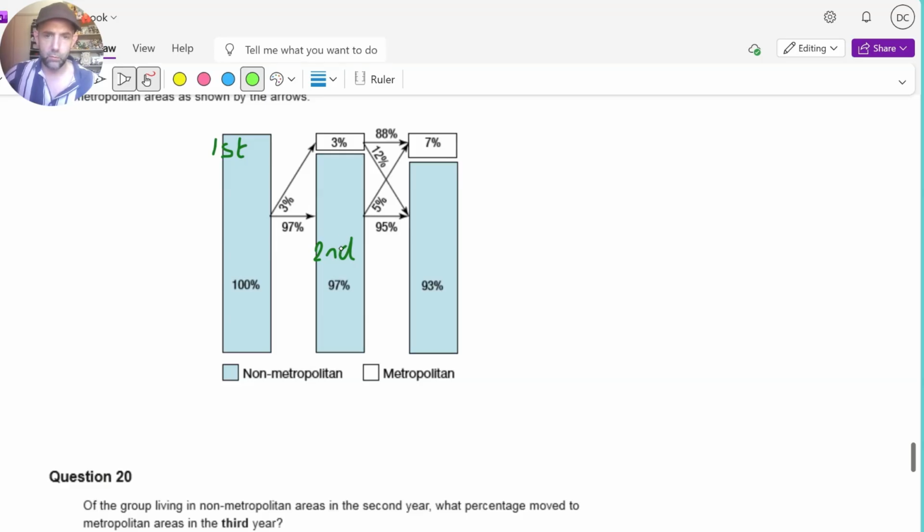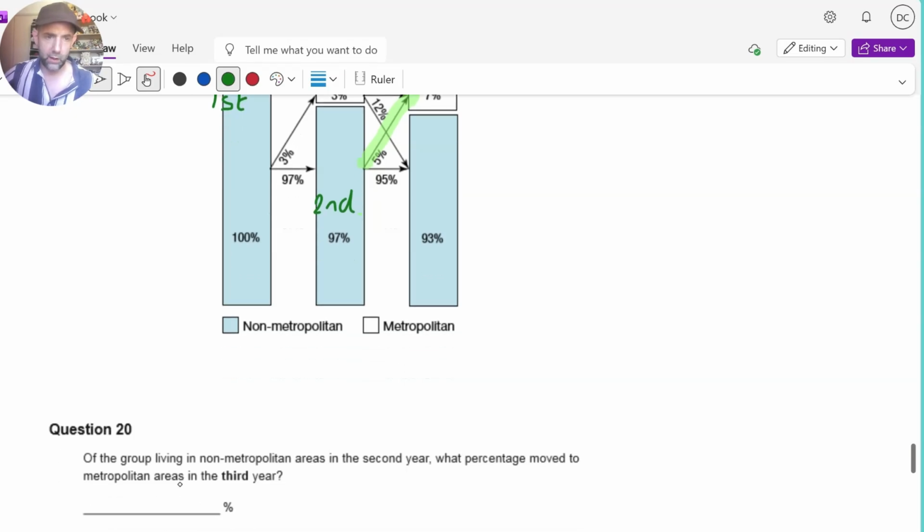We're going from the non-metropolitan students to the metropolitan. So they're transitioning from light blue to white. So it's this arrow here, which is representing 5%. I'm just going to scroll down a bit and pull in here 5%. And there you have it.